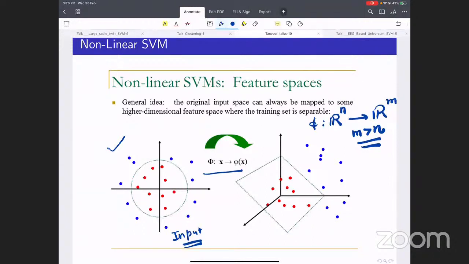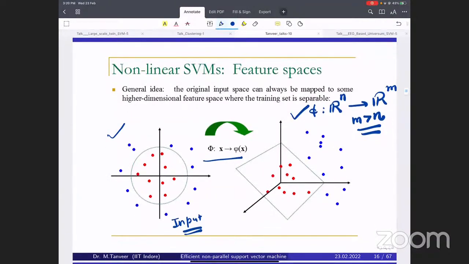We are working in a very high dimensional space, and even though we do not need to know the nature of this phi, it could be of any dimension, m and n.